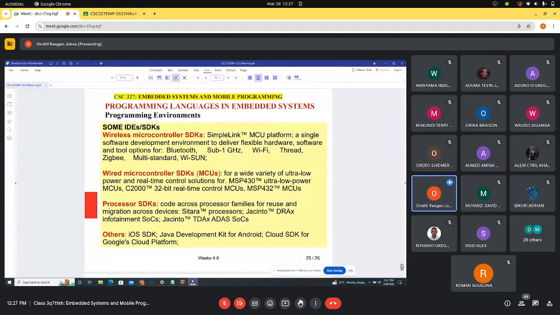They are very interesting types of processors, even though they are not widely used, but you can see how they work and what are some of the languages used to program them. Others are iOS SDK, Java Development Kit for Android, Cloud SDK for Google, and so on. These are some of those languages that we need to look at when interfacing some components with our embedded system.